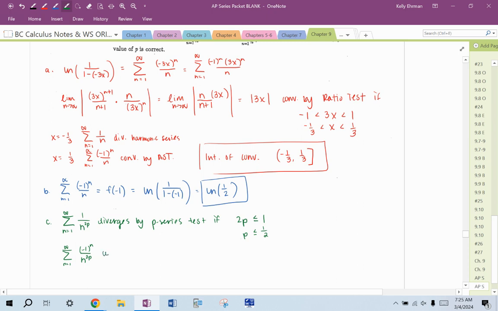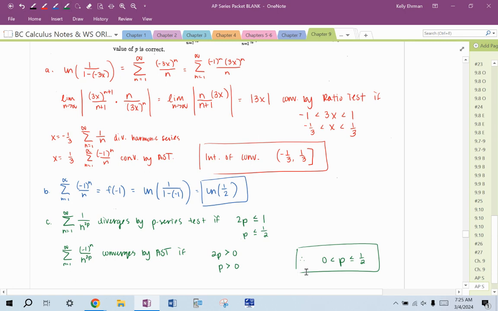So I'm going to say converges by alternating series test if 2p can remain greater than 0. It can't be equal to 0 because then you get -1 to the n over 1, so that's no good either. So that's just as long as p is greater than 0. And so if we put these together, we need p to remain between 0 and 1/2, and we include the 1/2.